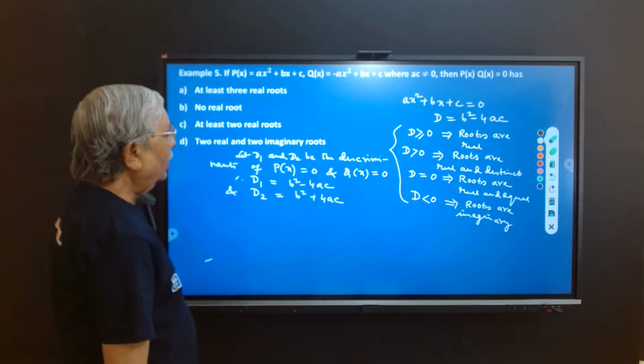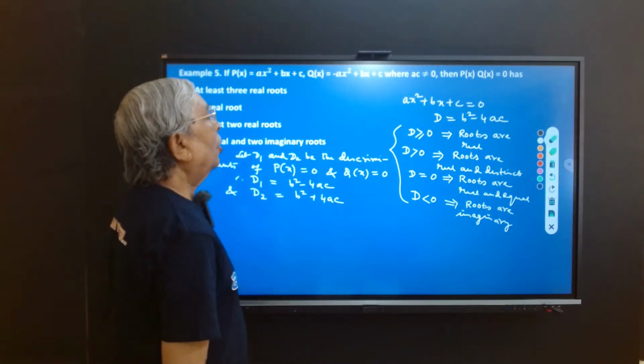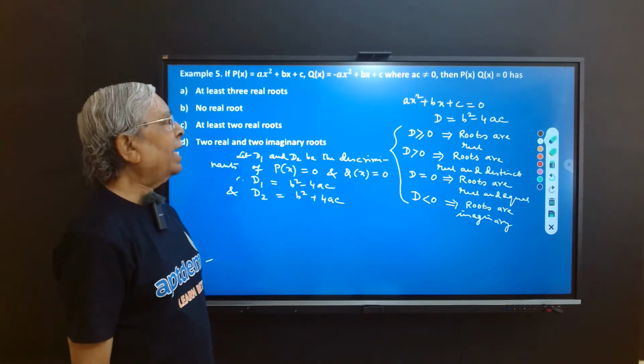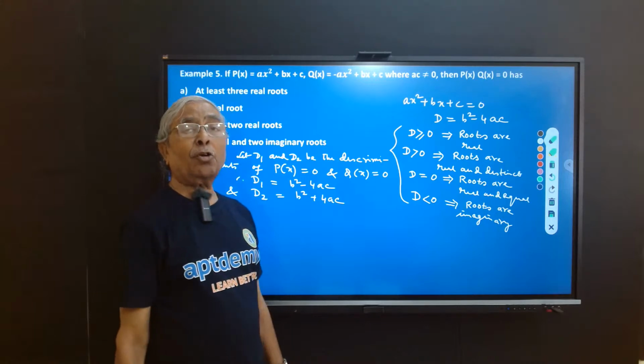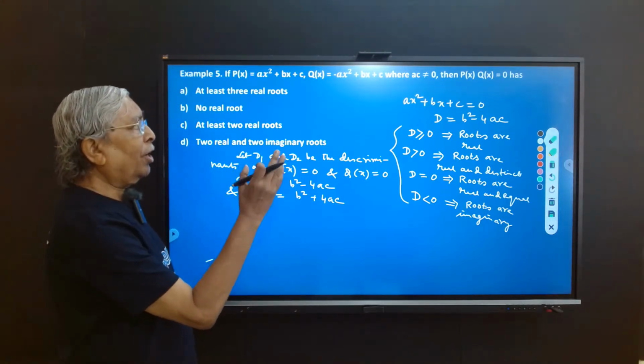Now, you have to take both the cases, AC greater than 0 and AC less than 0. Why? You are given AC not equal to 0. So AC may be positive or negative.